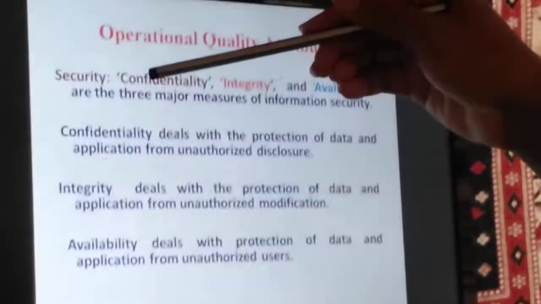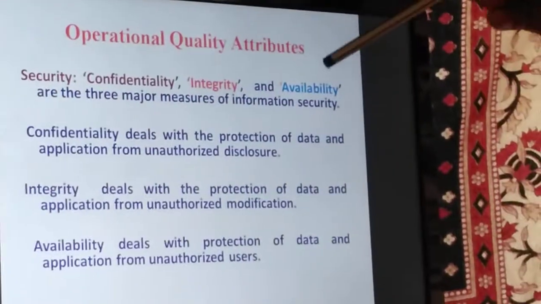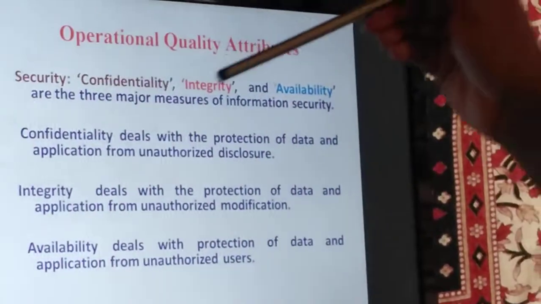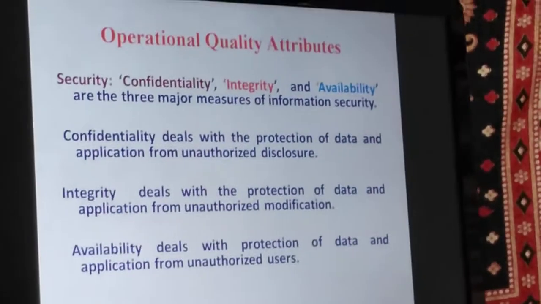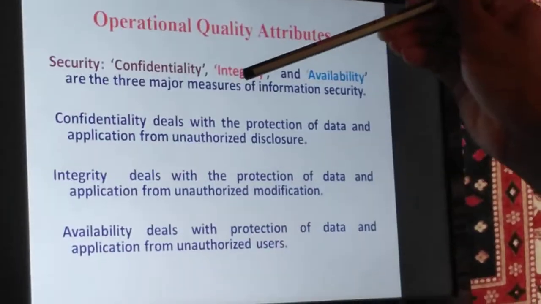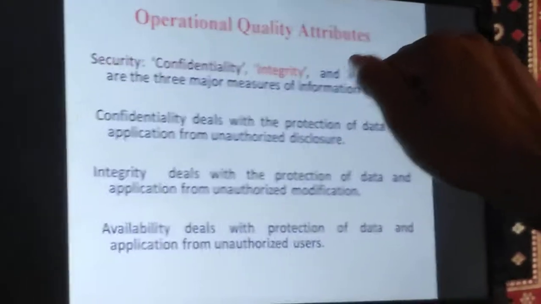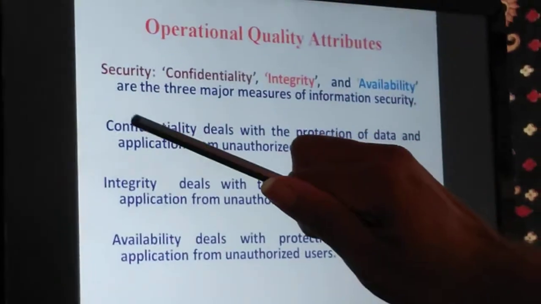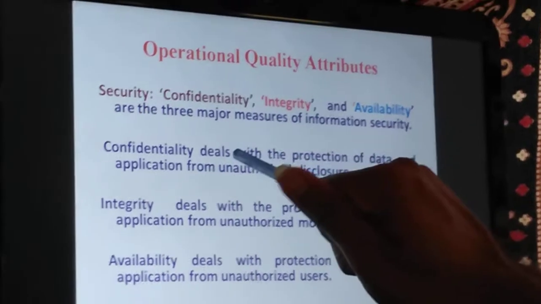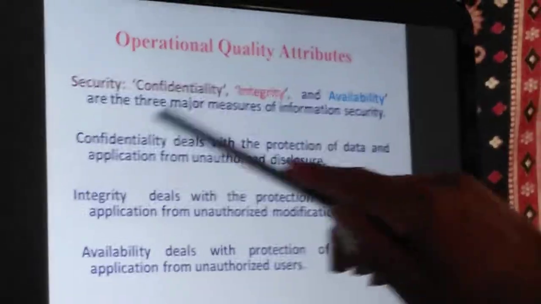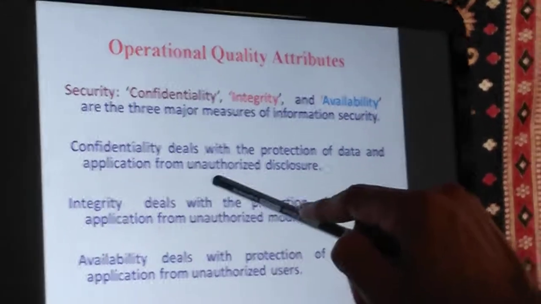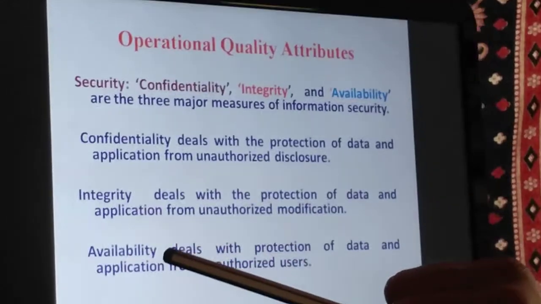Security. Confidentiality, integrity, and availability are the three major measures of information security. Confidentiality deals with protection of data and application from unauthorized disclosures.